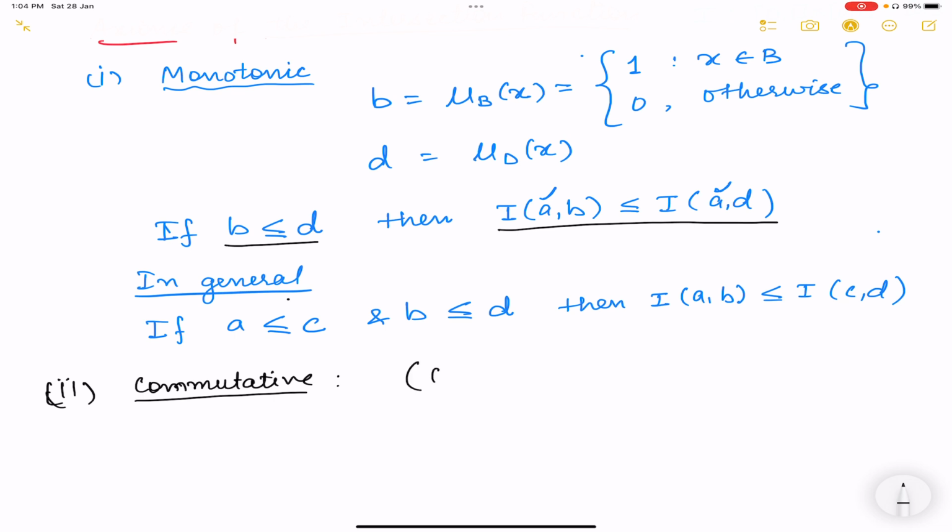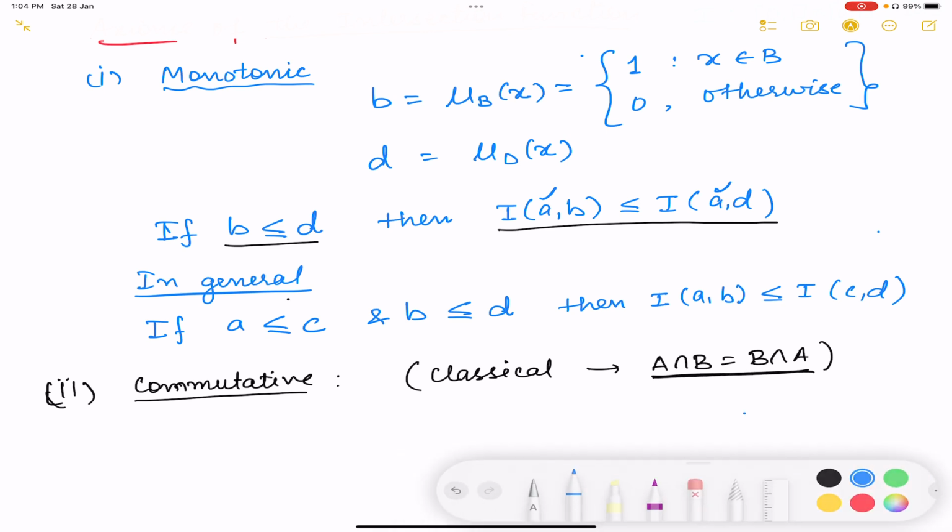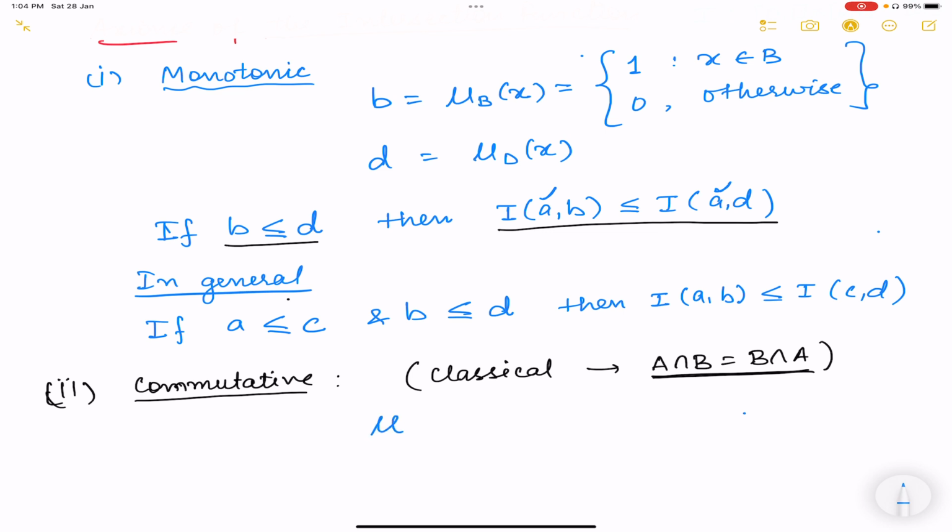If you remember, we used to say intersection is commutative if A intersection B is equal to B intersection A. Now in fuzzy, what does this mean? This function mu A intersection B is always the same as mu B intersection A, and this holds for every x.